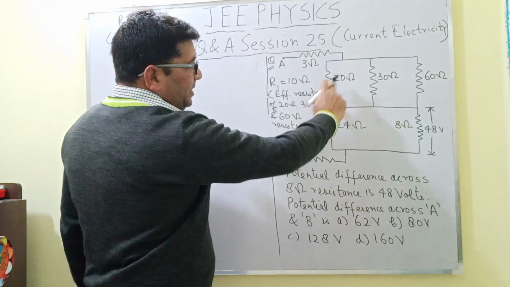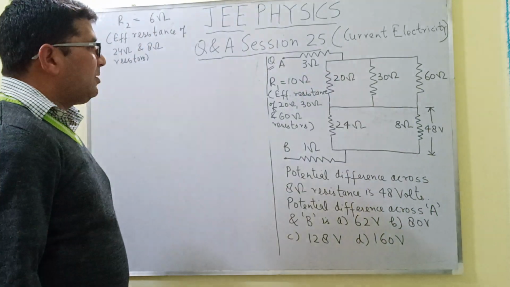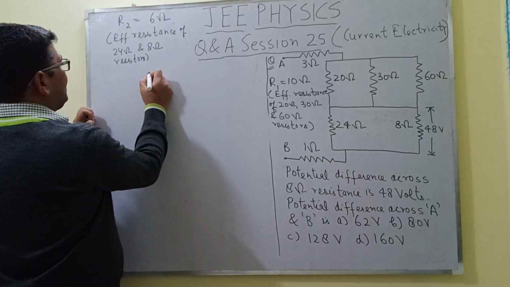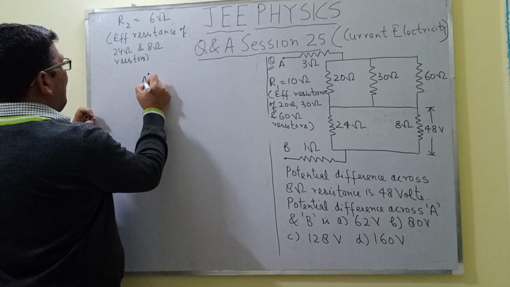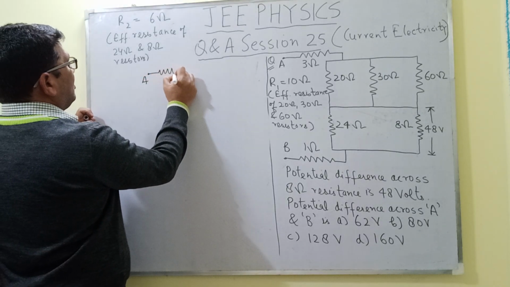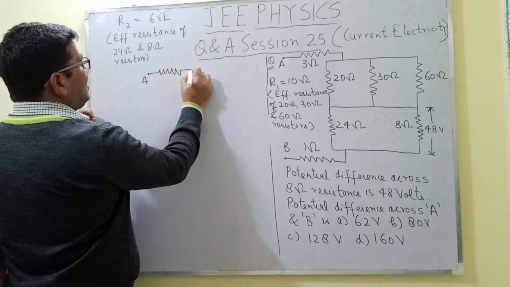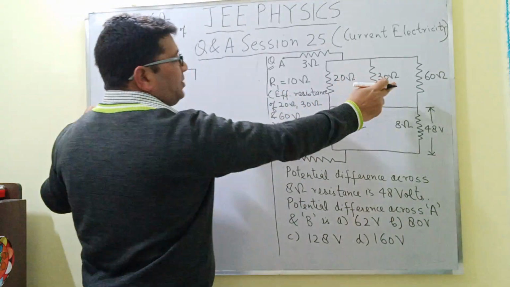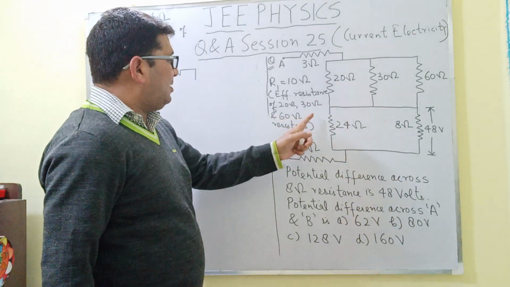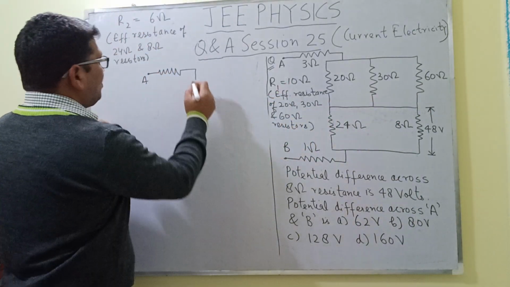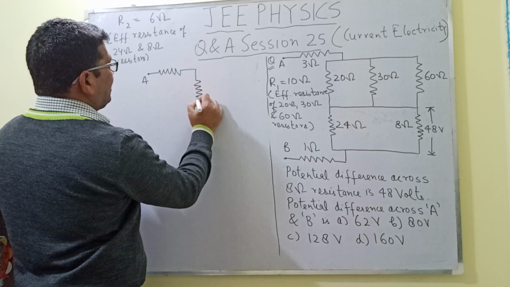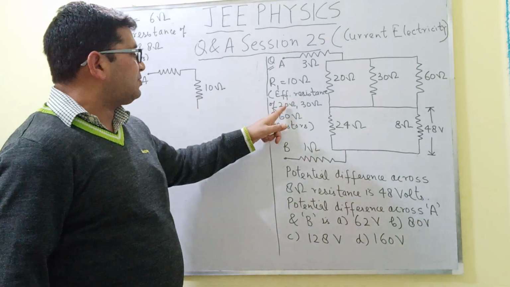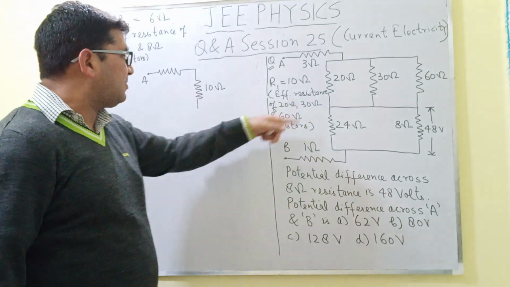So now this entire electrical circuit can be redrawn as, this is the point A, this is the 3 ohm resistor. The effective resistance of this 20 ohm, 30 ohm and 60 ohm resistor was equal to 10 ohm. So I can draw this equivalent. This is equal to 10 ohm. This is the effective resistance of 20 ohm, 30 ohm and 60 ohm resistors.